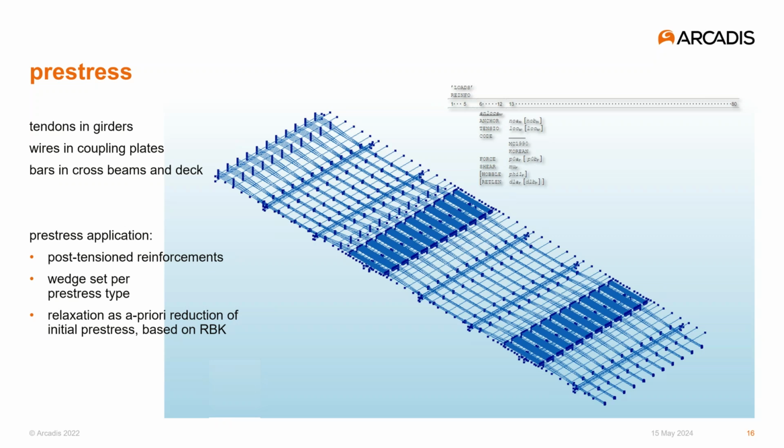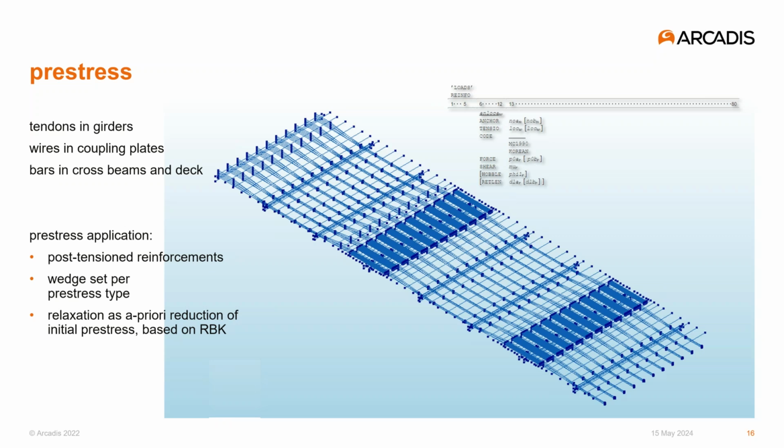The wires in the coupling plates are actually pre-tensioned, but they have such a short transfer length that we could model them as anchored post-tensioned reinforcements with 0 wedge set. The option post-tensioned reinforcement allows the user to input the initial pre-stressing force, the friction properties, and the wedge set, and it calculates the stresses in the pre-stress elements after immediate losses.